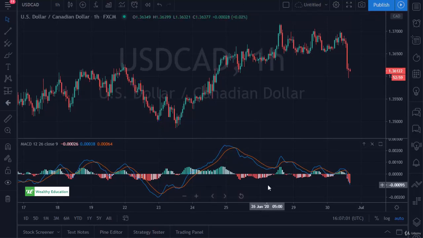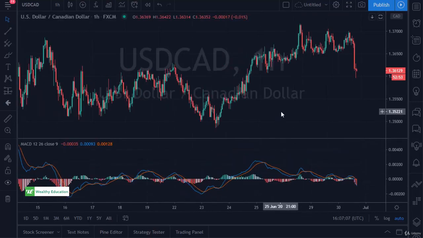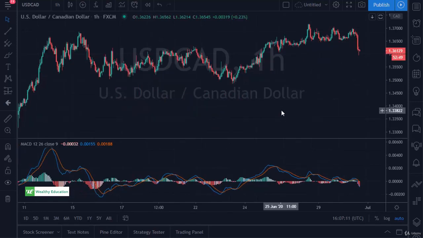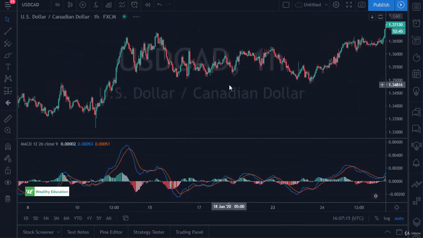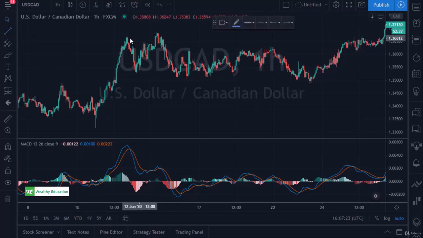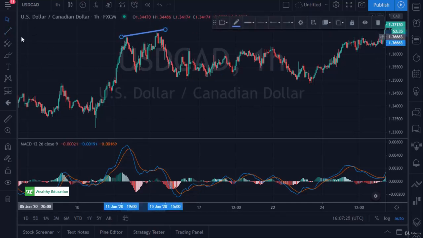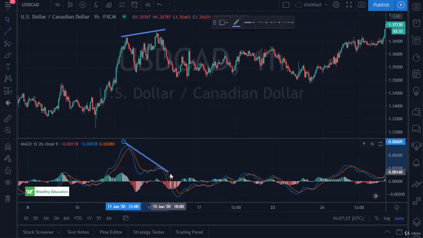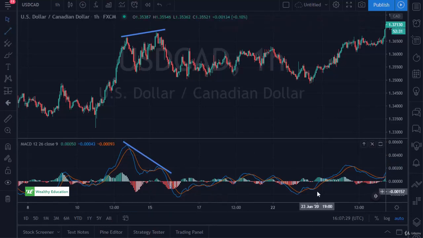And then there is another way that people will look at this, and it's called divergence. They use divergence of either the moving averages or the histogram to decide whether there's a potential reversal coming in the market. For example, take a look at this right here. You can see that the market made a new high, but the moving averages down here and the MACD were lower.